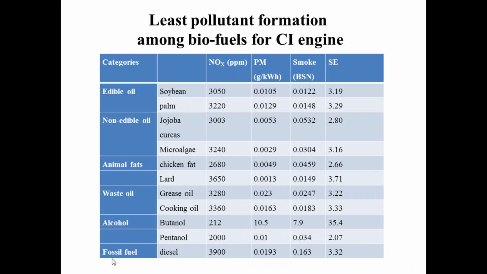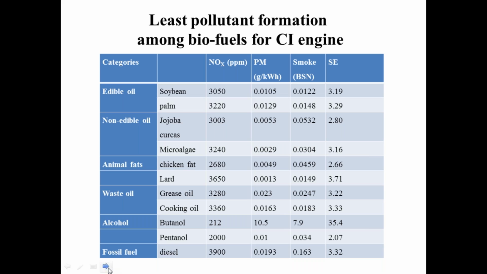In this slide, I have shown the least pollutant formation among all the biofuels. I have taken more than 20 biodiesels. In edible, there is soybean and palm oil. Then in non-edible, there is jojoba and microalgae. Microalgae is now a very energetic area for biodiesel.